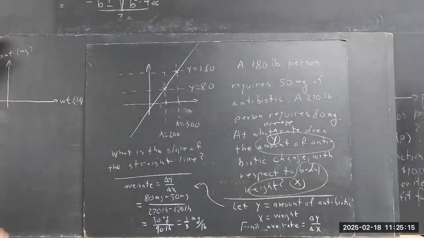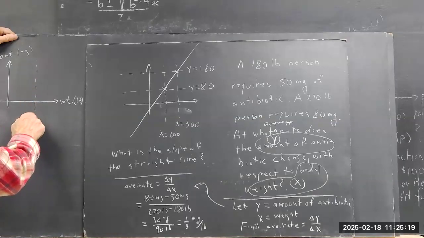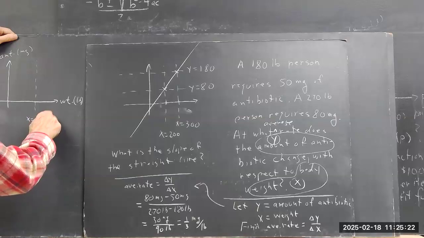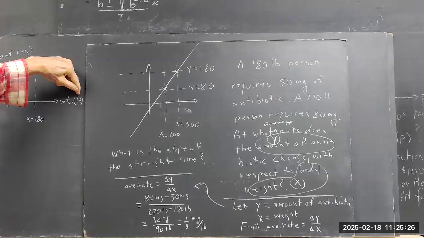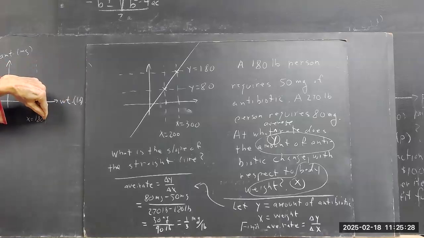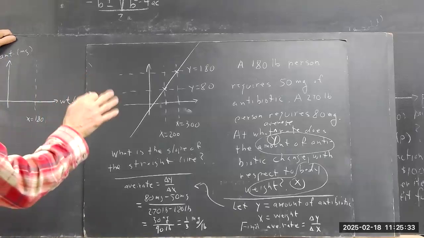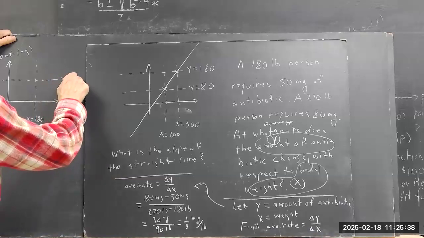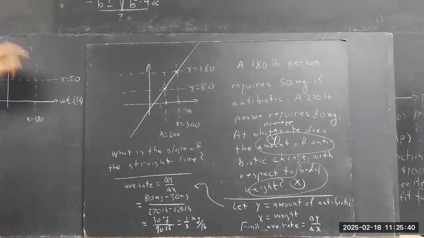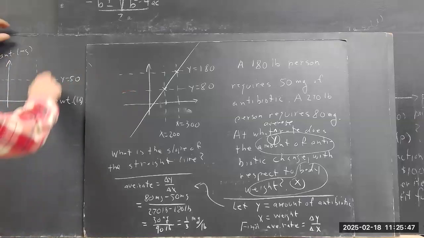So we find on the graph where 180 pounds is, and I say x equals 180. I've already said that this is in pounds, so I don't have to write pounds again. This means 180 pounds and fifty milligrams. Then we have 270 pounds.